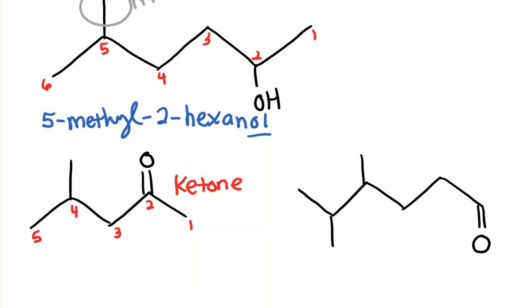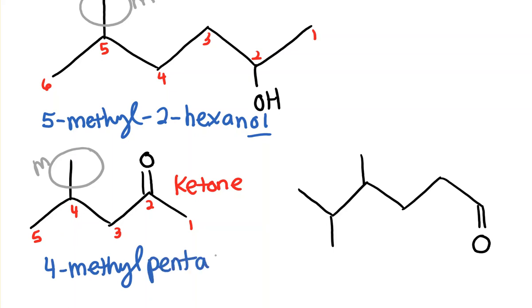This one has a branch. This branch is a methyl. So when I put together the name, I'm going to start with the branch. 4-methyl. It has 5 carbons, so I'll say pent. And then for ketone, I end it in -one. Pentanone.